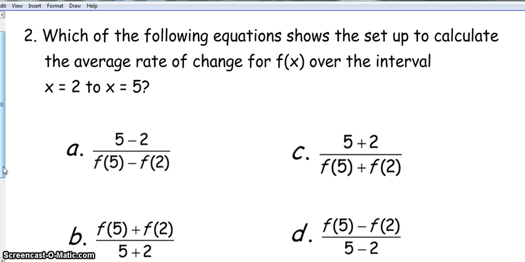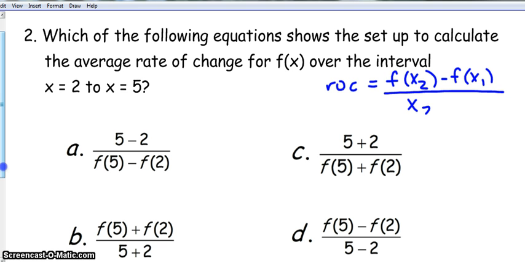All right, well, some unfriendly person didn't give you the function, and so really here you're just looking for the formula. And if you remember what our formula was, the first formula that I gave you, it was f of x2 minus f of x1 all over x2 minus x1. All right, so I'm going to very quickly get rid of A because f of x doesn't go on the bottom.